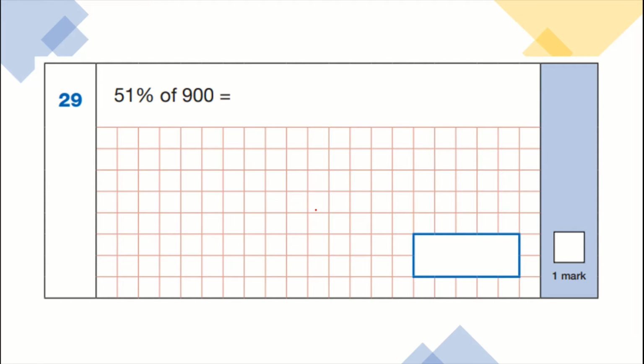Next question, 51% of 900. 100% will just be the whole number, so it would just be 900. So to work out 50%, we would divide 900 by 2. 900 divided by 2 is 450.